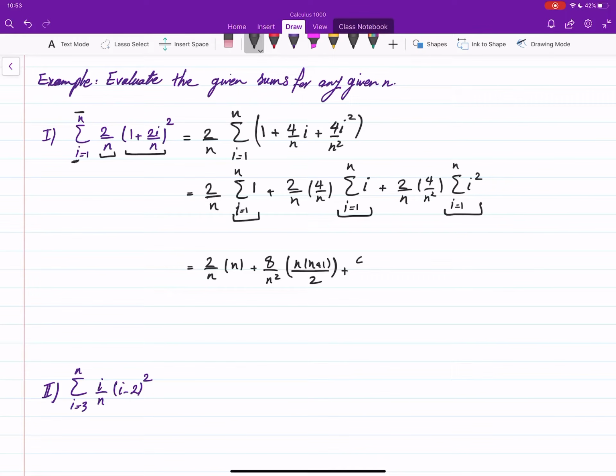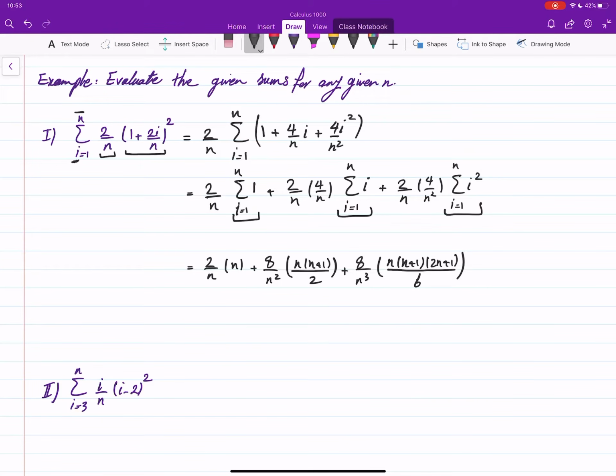Plus, here's 8 over n cubed, and the sum of squares of integers from 1 to n is n times (n plus 1) times (2n plus 1) over 6. These are the formulas you have to learn, and you can find them in the previous video.